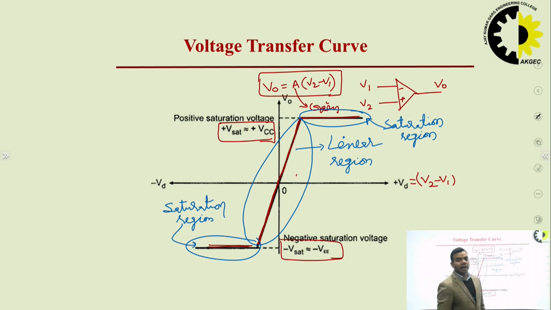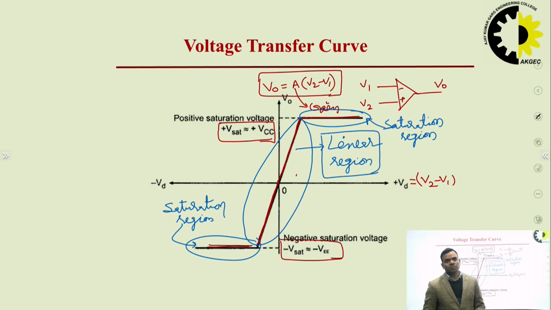Once the device enters the saturation region, if you keep on increasing the input, the output will not change. Output will remain fixed at plus V saturation and minus V saturation. So whenever we use the operational amplifier for amplification purposes, we use it in the linear region only.